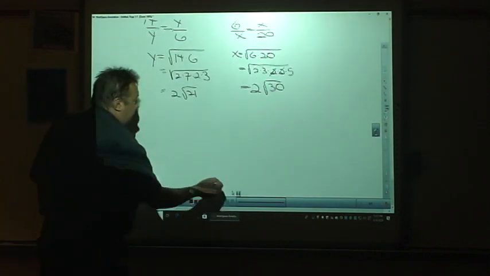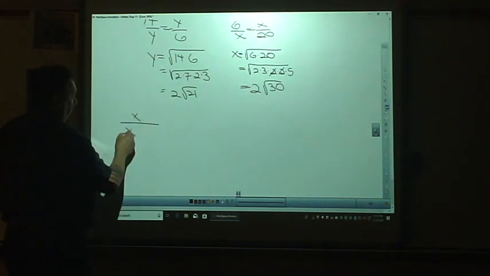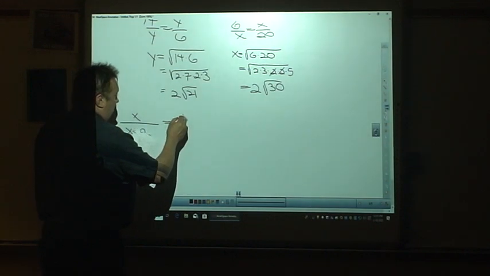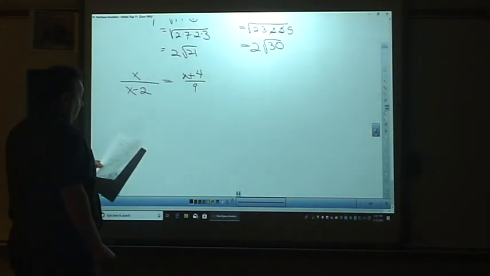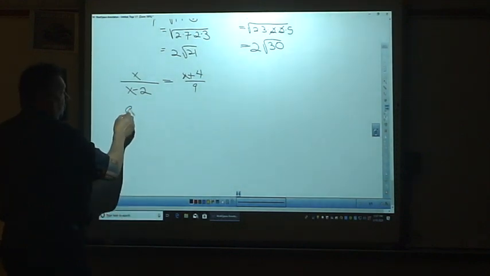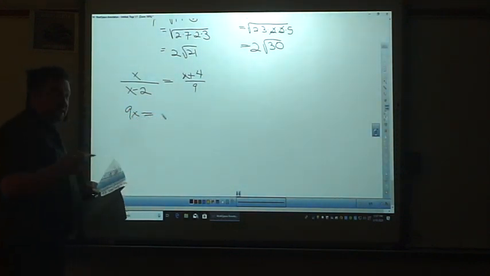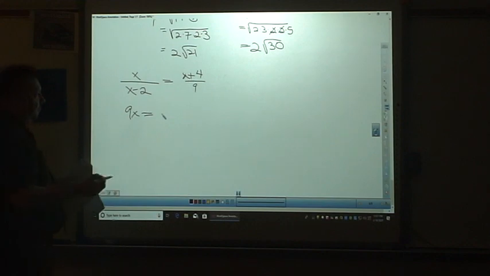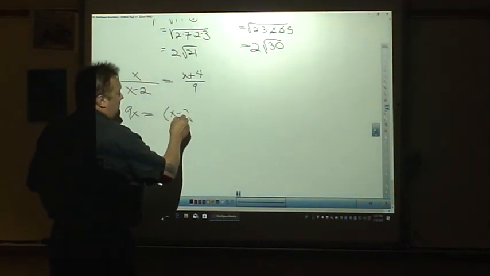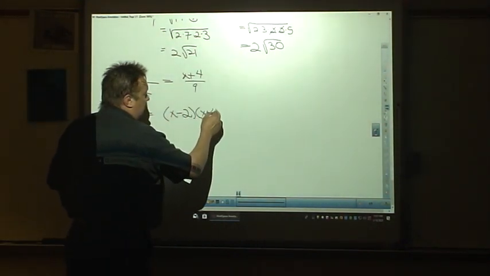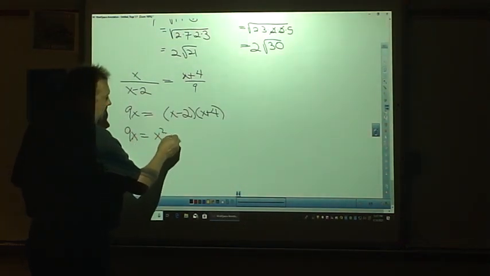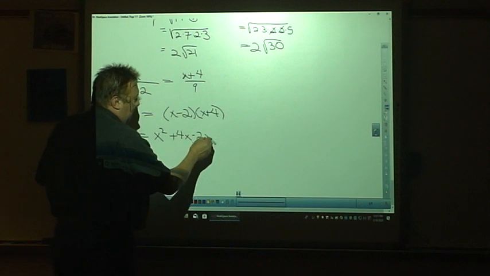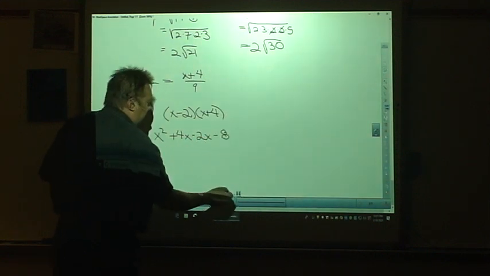For 48, you're going to get x over x minus 2 equals x plus 4 over 9. This is going to again give you a quadratic. I don't think any of those quadratics will be on the test though. So we'll get 9x equals x squared plus 4x minus 2x minus 8.